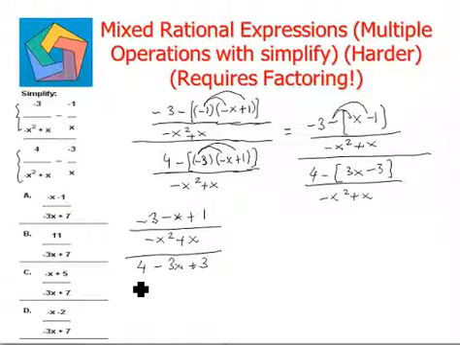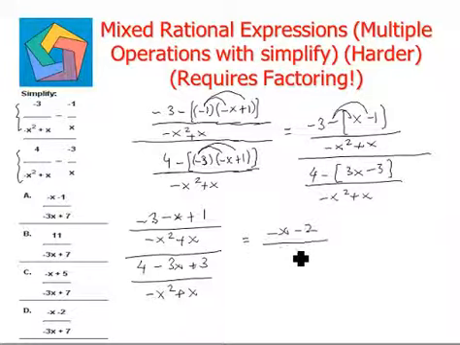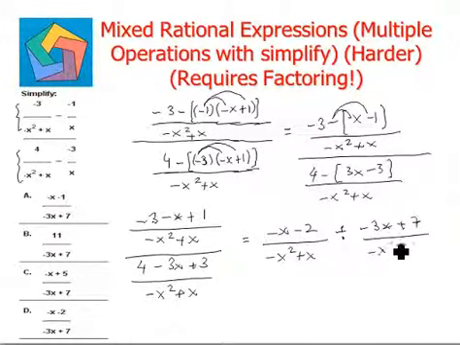So again divided by negative x squared plus x. This is nothing but negative x minus 2 divided by negative x squared plus x. Here we can do divided by negative 3x plus 7 divided by negative x squared plus x.